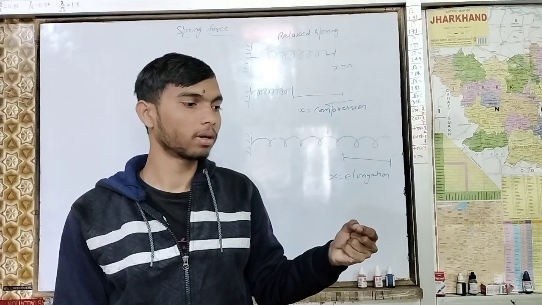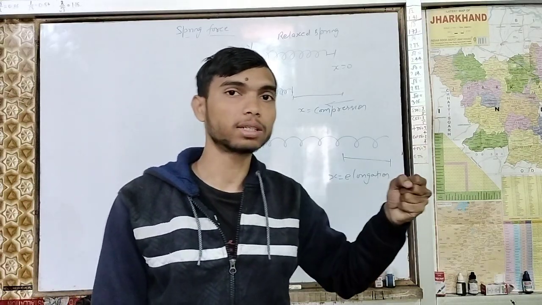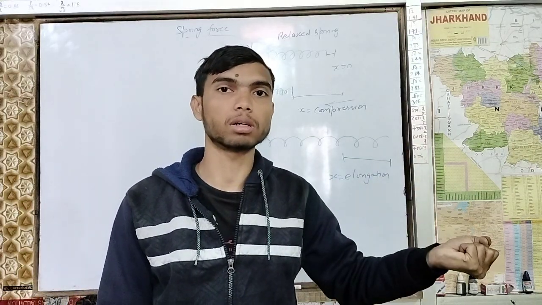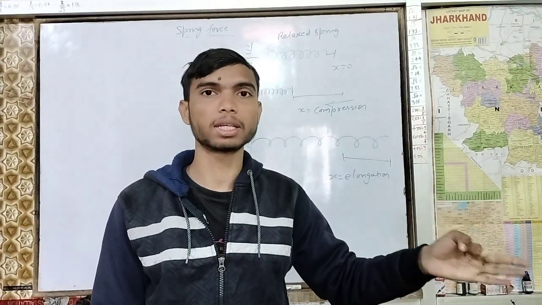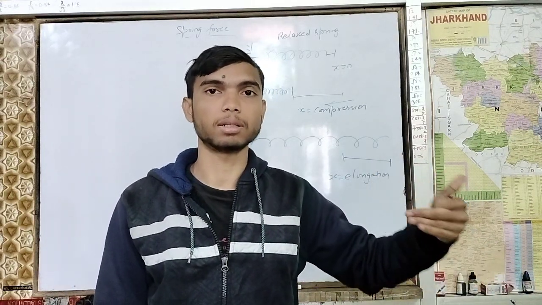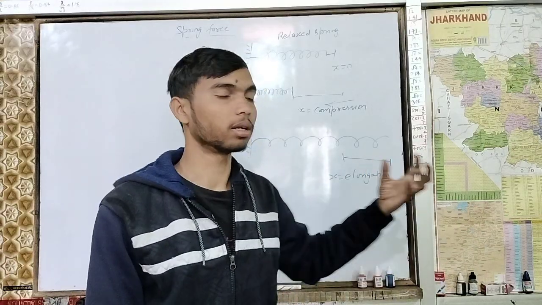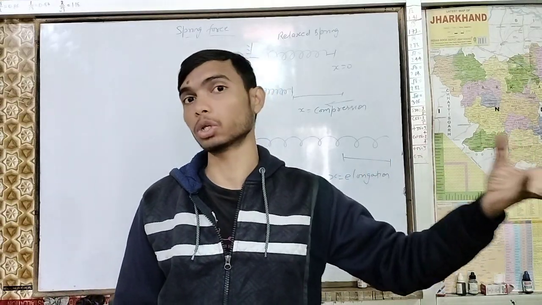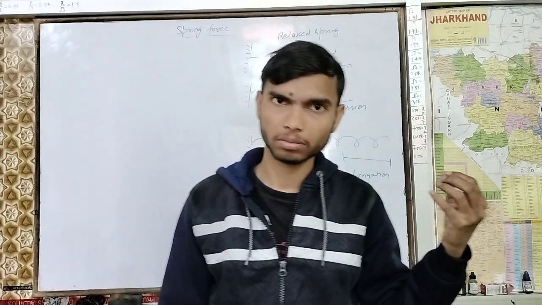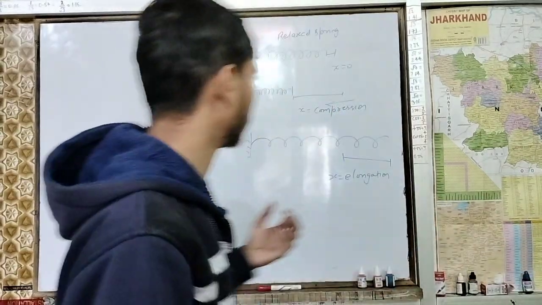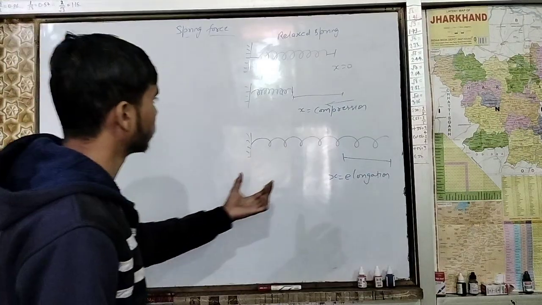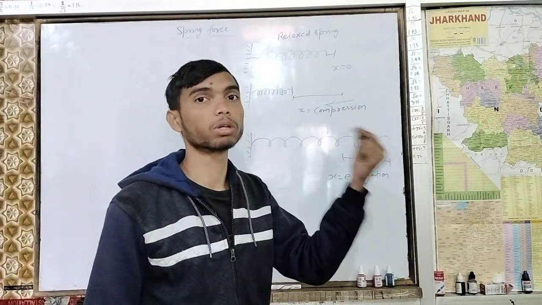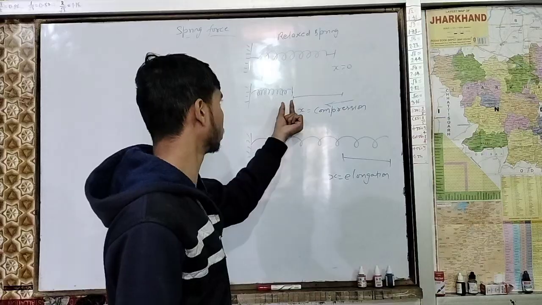When a spring wants to regain its original length or original state, we say yes, the spring will restore its original state. So over here it will apply a restoring force.